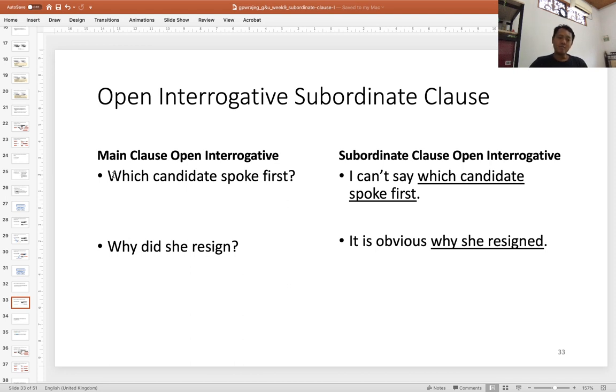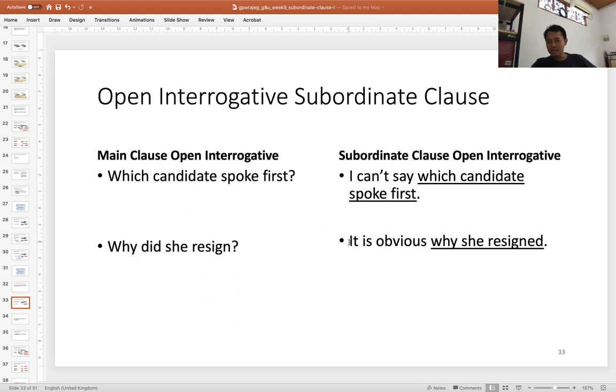Another example is, "why did she resign?" There are a lot of reasons why she resigned, and you can embed that as a subordinate clause: "It is obvious why she resigned." In these examples, we still have auxiliary and subject inversion in the main clause, with the question word at the beginning.